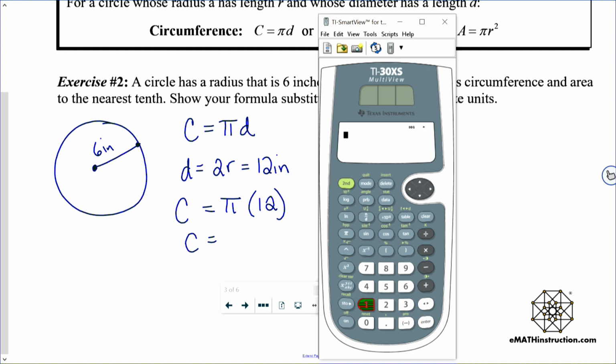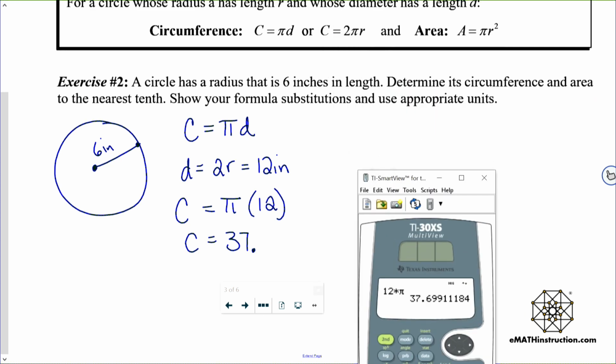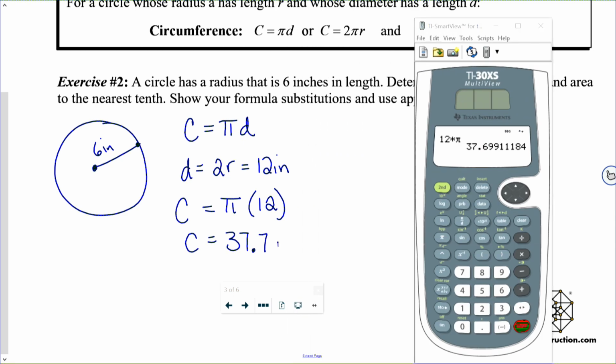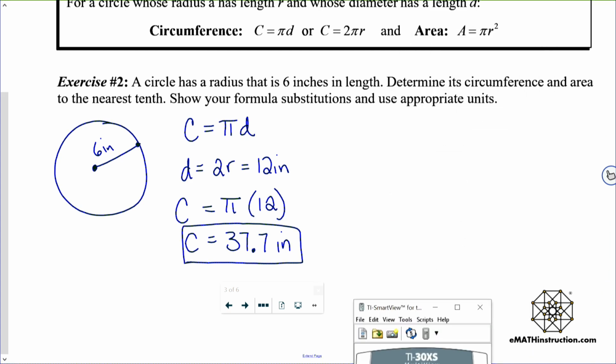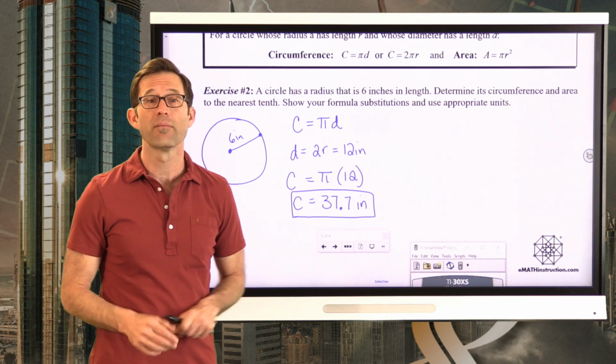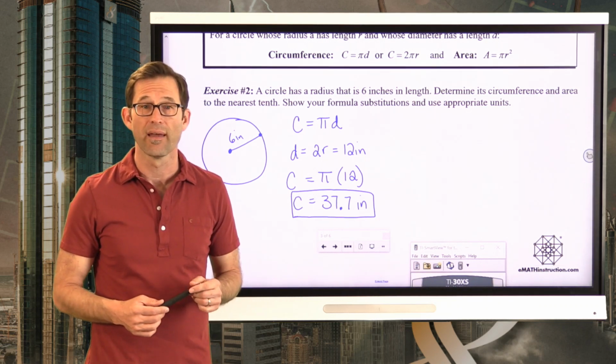I can just do 12 times pi, or pi times 12, it doesn't matter. And we'll get 37 point ugliness. To the nearest tenth, so 37.7. Now the circumference is a length, so its units have to be length units, 37.7 inches, not square inches or cubic inches or anything like that. Literally, if I walked around this circle, I would have to walk 37.7 inches in length.